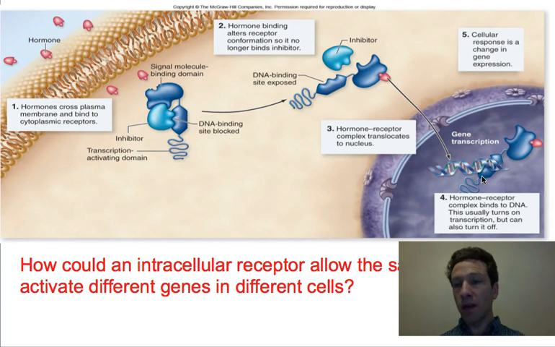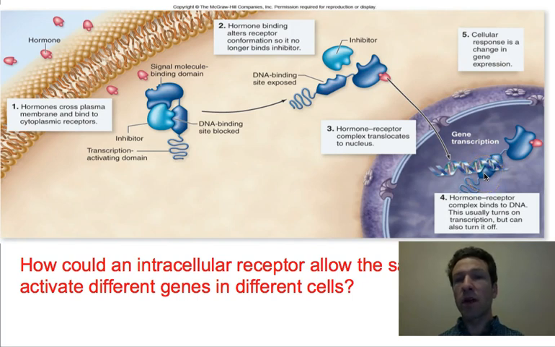And so without getting into the details of that, what you need to know for now is that when the hormone receptor complex attaches to the DNA, it has the possibility of turning on a process that is going to eventually lead to proteins being made back out in the cytoplasm.